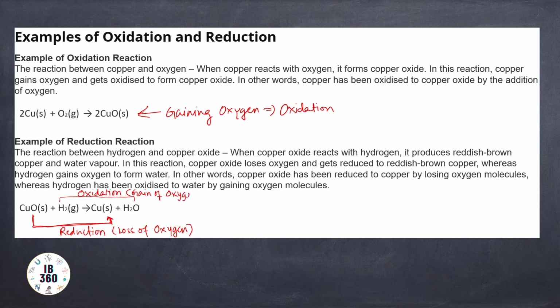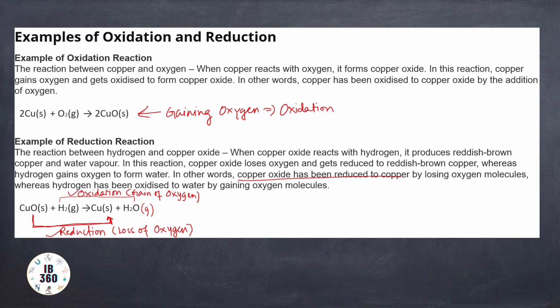So in the reaction between hydrogen and copper oxide, copper oxide reacts with hydrogen and produces reddish brown copper and water vapor. This is gaseous form, not liquid form actually. In this reaction, copper oxide loses oxygen and gets reduced to reddish brown copper, whereas hydrogen gains oxygen to form water. In other words, copper oxide has been reduced to copper by losing oxygen, whereas hydrogen has been oxidized to water by gaining oxygen.